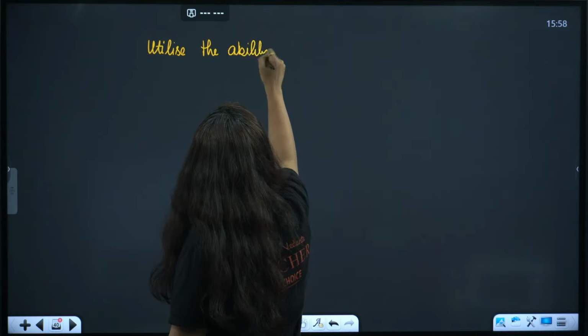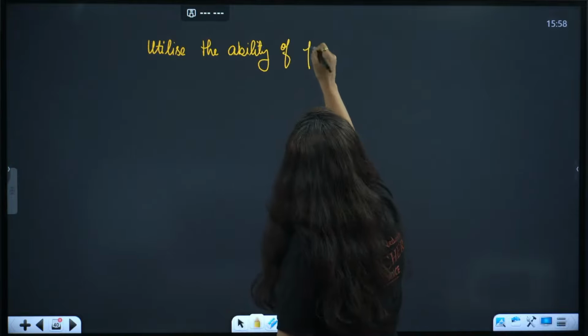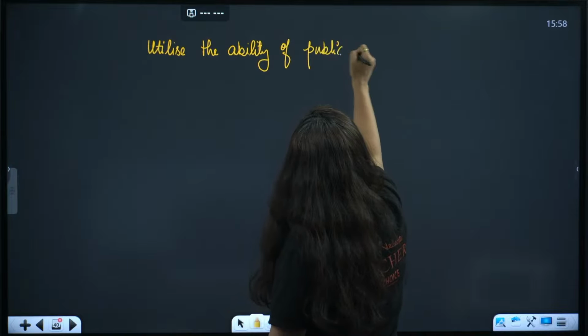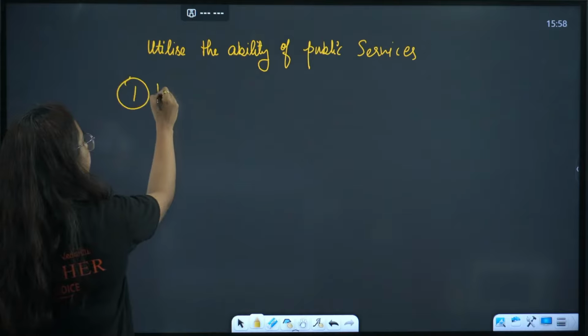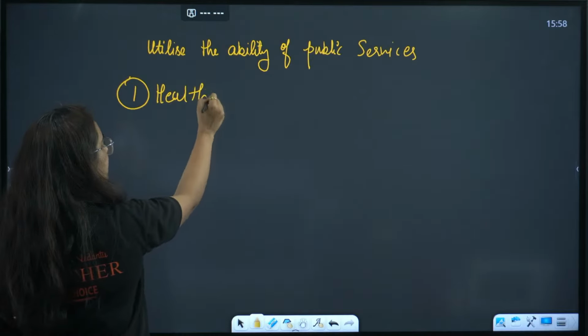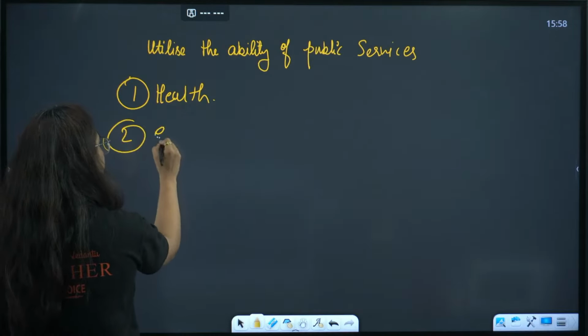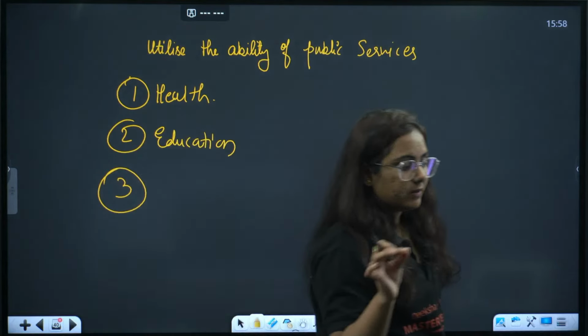Ability of public service. So students, when we talk about public services, these are the services provided by the government for the public. Whenever these services are provided, government will focus on providing which type of services? Health services to you. Again, which type of services? Education to you. So basically they are dealing with all the basic services required.